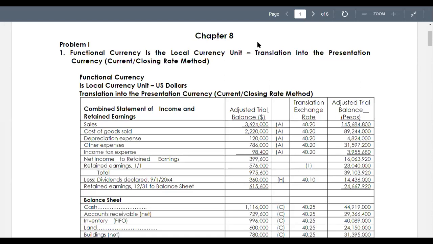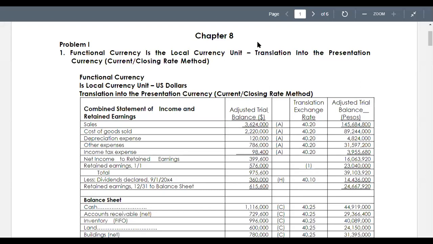So that's the first. Then, for practical reasons, the average rate is usually used for items whose transactions are numerous and occur evenly throughout the year. For example, sales, purchases, and operating expenses. Though initially your income and expenses items will be translated by historical rates.